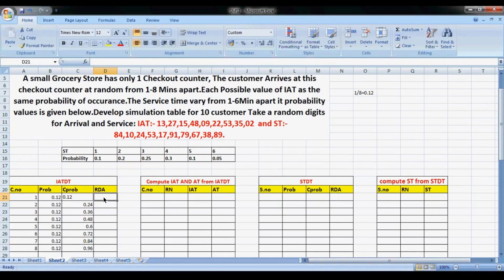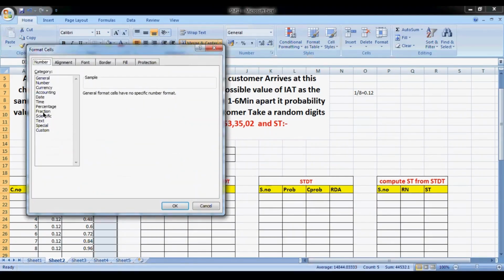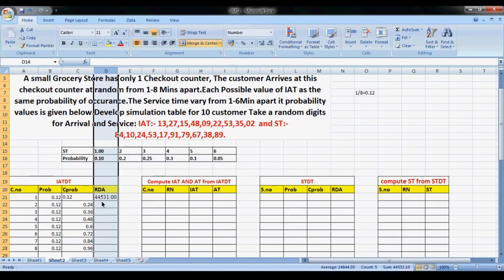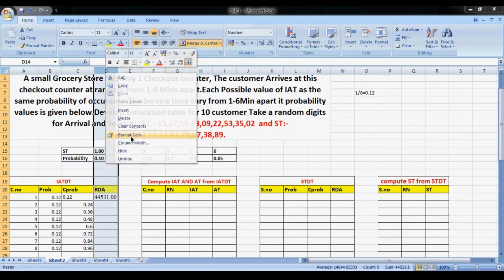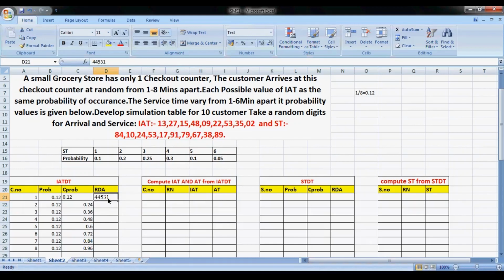Now we need to write the random digit assignment. For the first customer it should start from 1 to 12, because the cumulative probability value is 12. The second is 13 to 24.